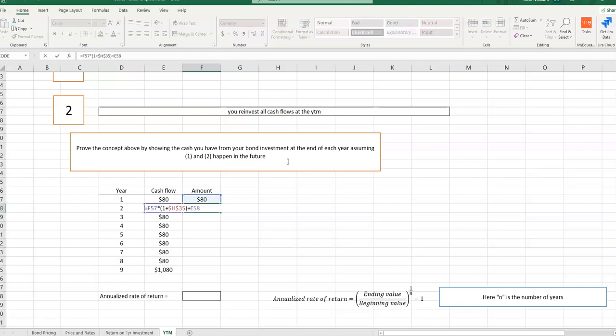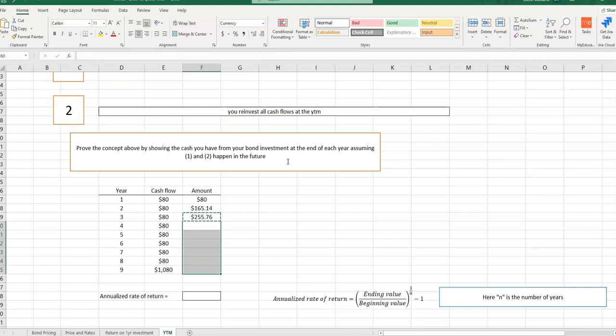You can see that after 2 years, I'll have not $160, because that first 80 actually earned interest. I'll have a little more than that. And if you get the dollar signs right, you can just copy this formula down. I'm always asking, how much do I have? Reinvest it at the yield to maturity and add the next cash flow to it. If I copy those down all the way to the end, I will end up with 1,935.73.